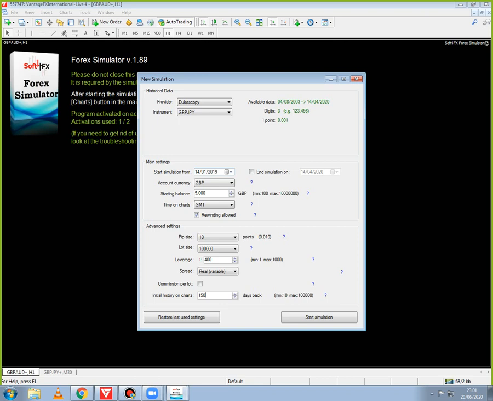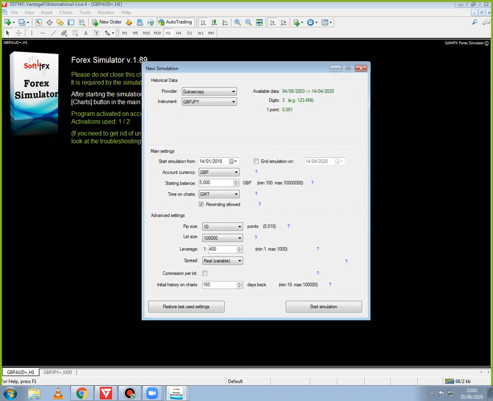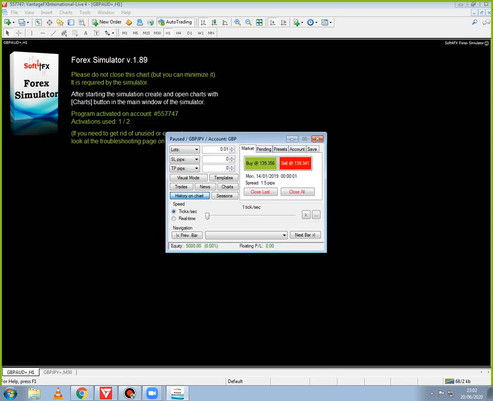One thing I'm going to do is a midweek of each month of 2019, and then we'll work back from previous years. We're going to start with this week here. I'm going to use 1 to 400 leverage and 150 days back on the chart. So let's go ahead and start.